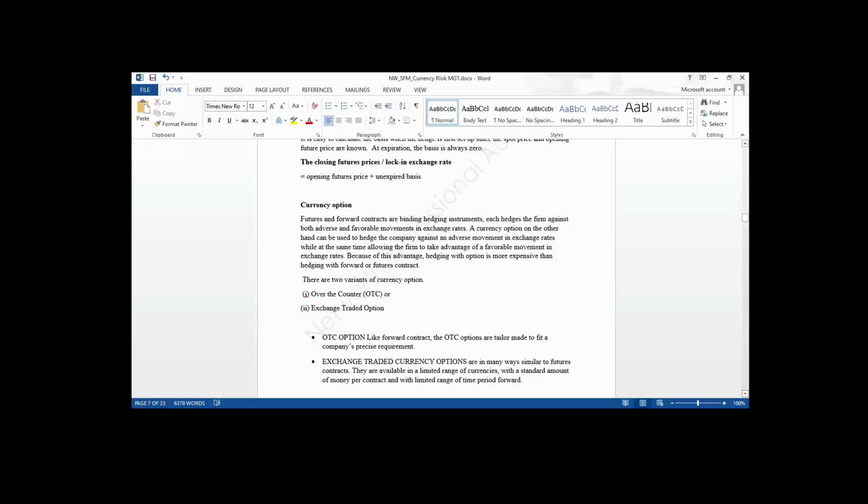If you are hedging with forward markets, you are hedging the firm against adverse movement in exchange rates. At the same time, the company cannot take advantage of favorable movement in exchange rates. Same applies to currency futures.